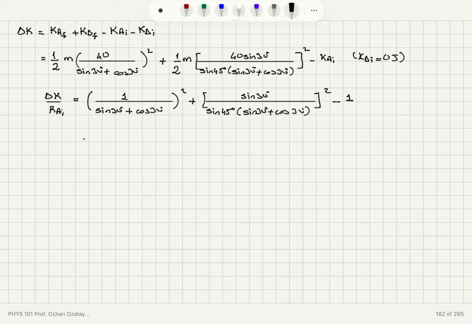So if we calculate this, we obtain minus 0.196. So what does that mean?